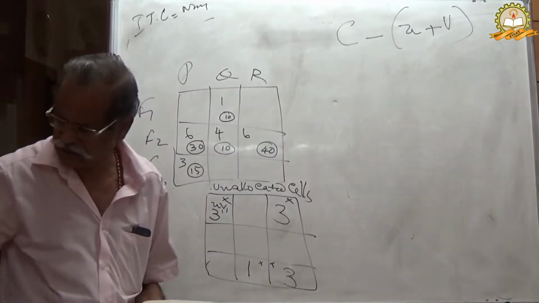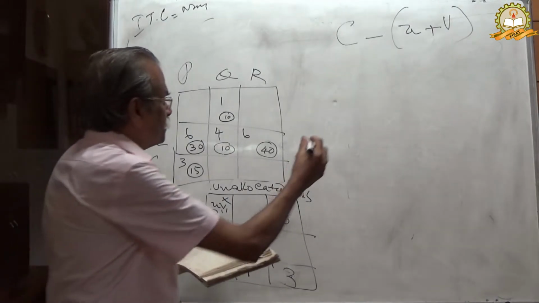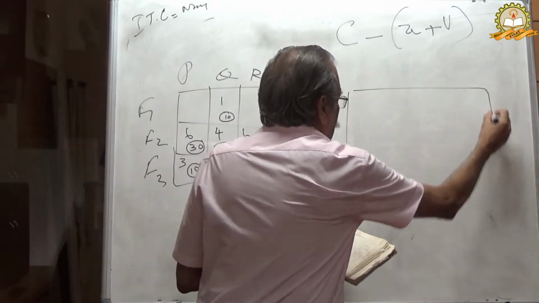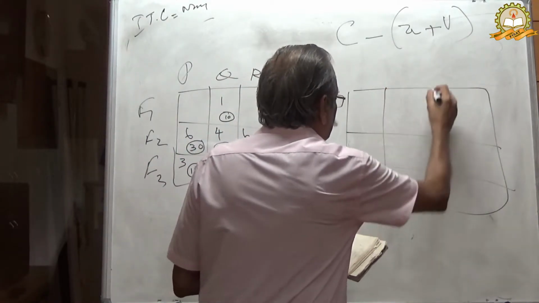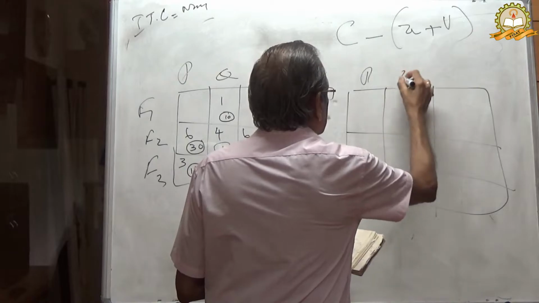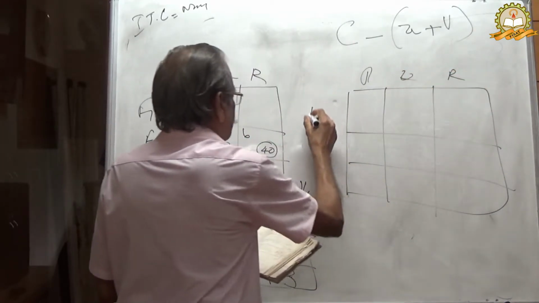Therefore, you have another matrix. Again, you have 3 by 3, with P, Q, R and F1, F2, F3.